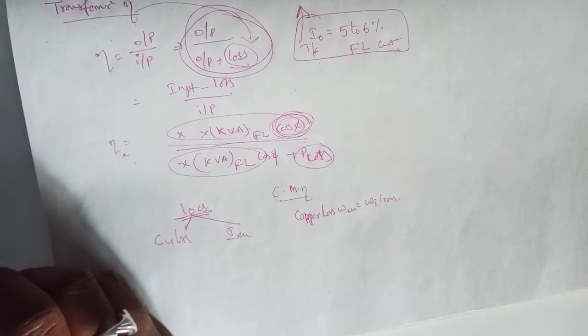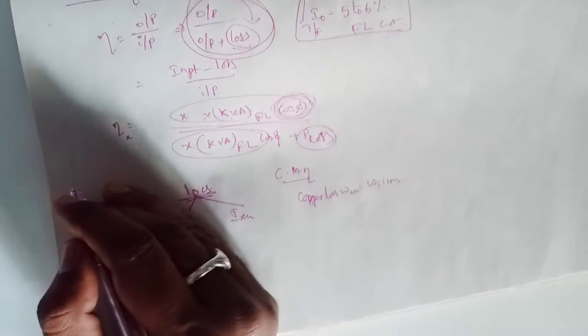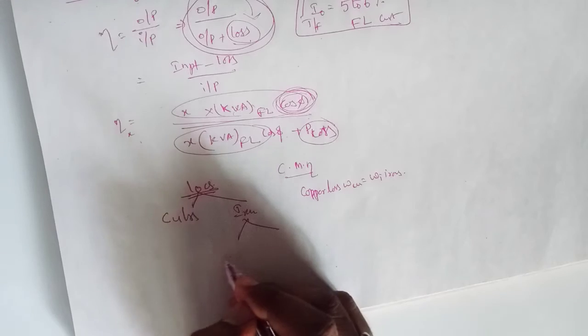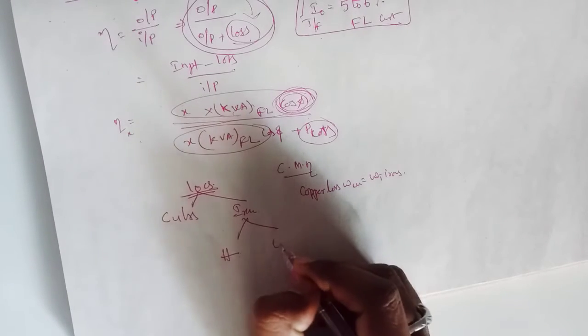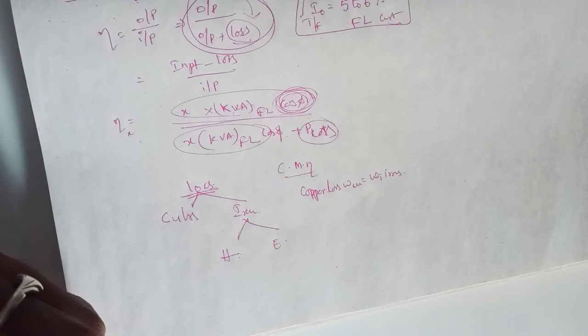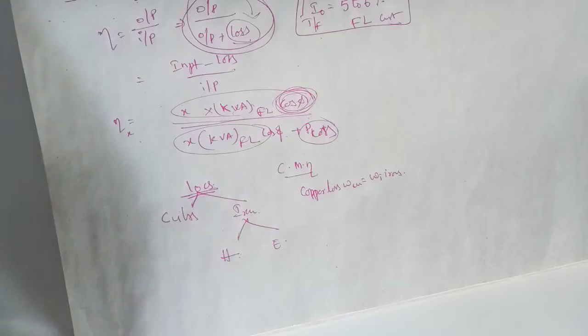This is the condition for maximum efficiency. Again, the iron losses are divided into hysteresis losses and eddy current losses.